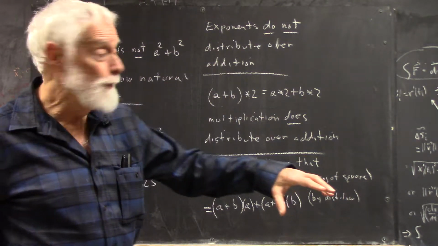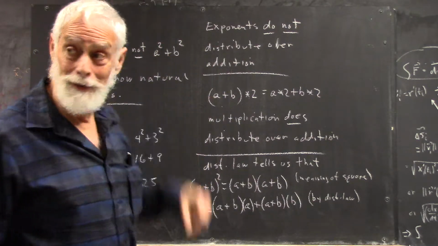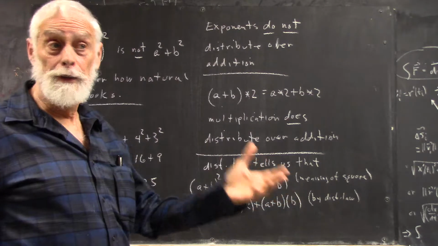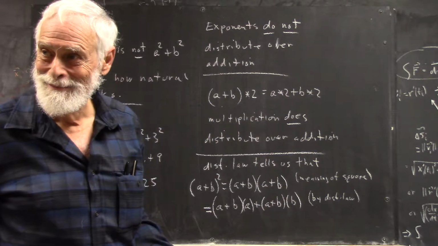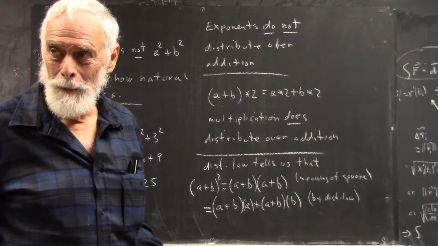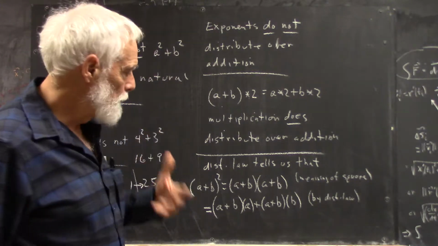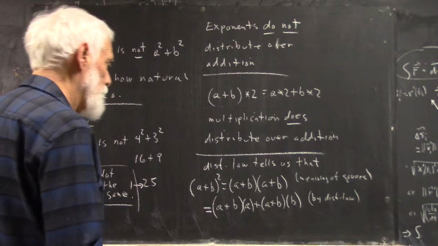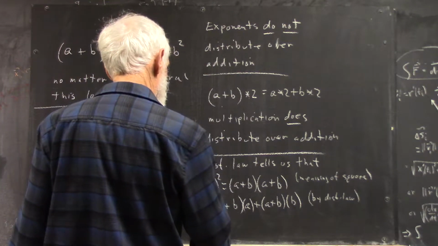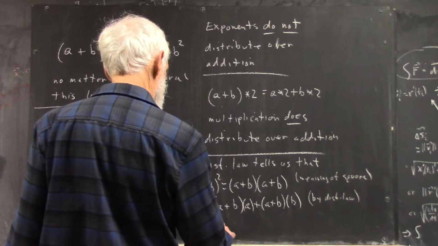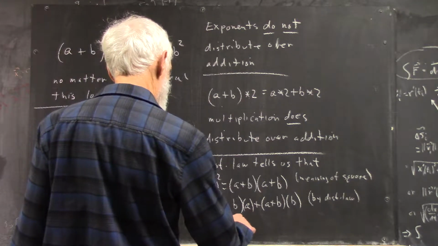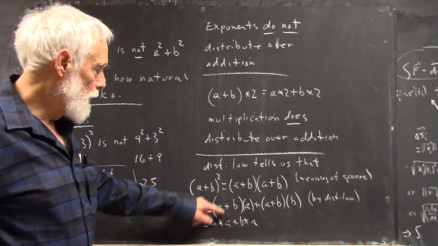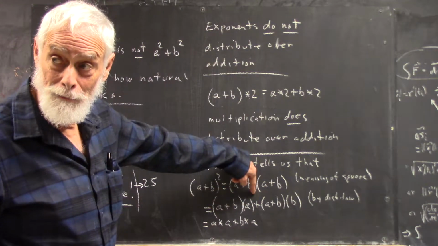There is no distributive law of exponentiation over addition, okay? But exponentiation does distribute over multiplication, okay? But when I say the distributive law, I mean the distributive law of multiplication over addition, okay? And then by the same distributive law over addition, this is a times a plus b times a, right?